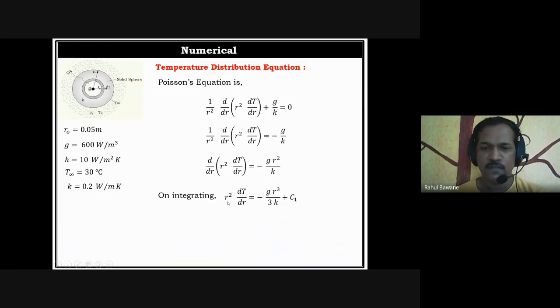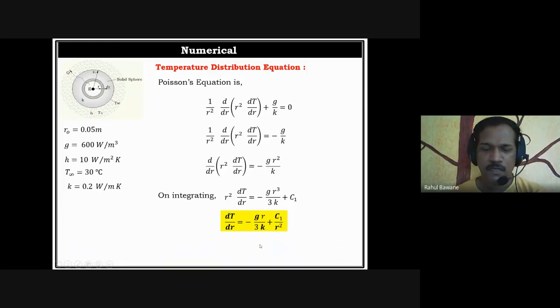But now we have to shift this r square before integrating again. If I shift this r square, it will be in the denominator of the first term as well as the second term. When it reaches the denominator, r square and r cube get cancelled, so there will be only r and C1 upon r square. So our reformed equation will be dT/dr equals minus g r upon 3k plus C1 upon r square.